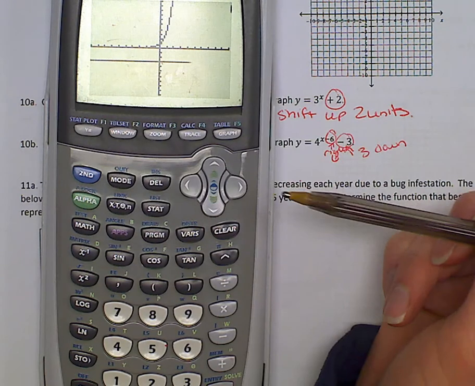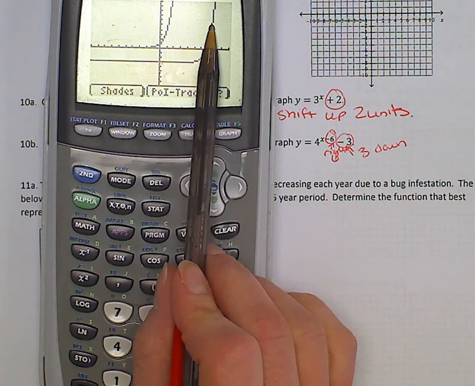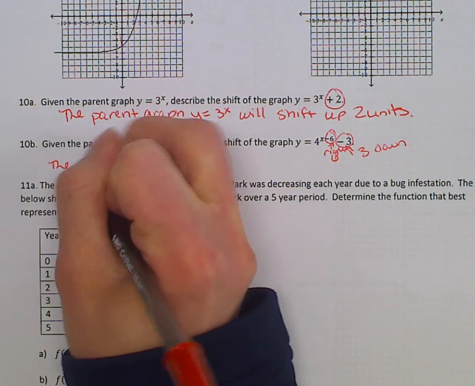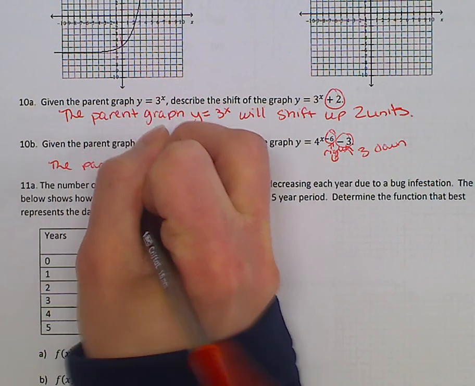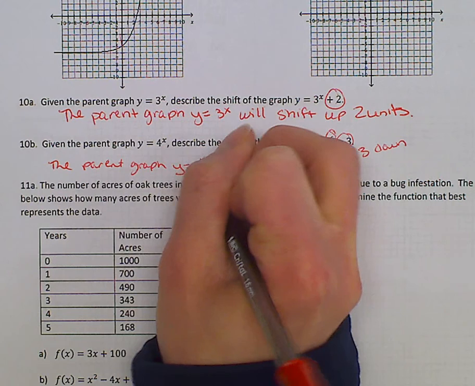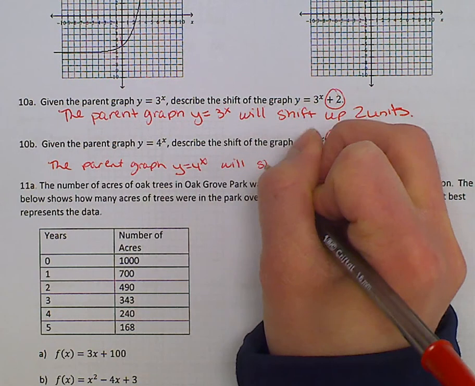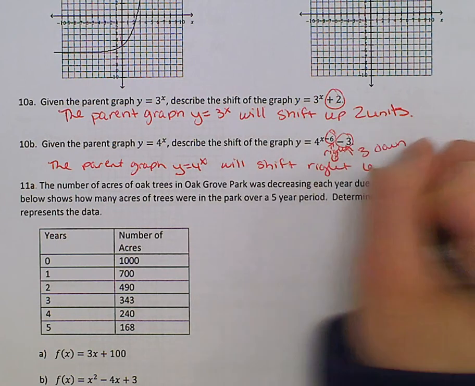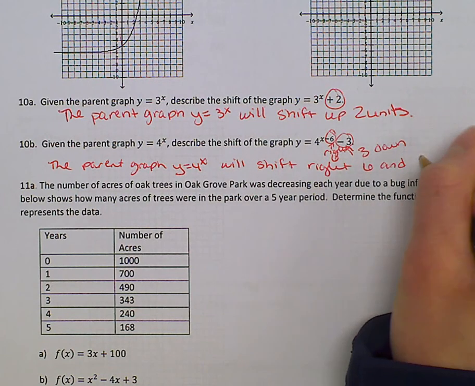And look how far over this goes now to the right. Okay, so the parent graph, y equals 4 to the power of x, will shift right 6 and down 3.